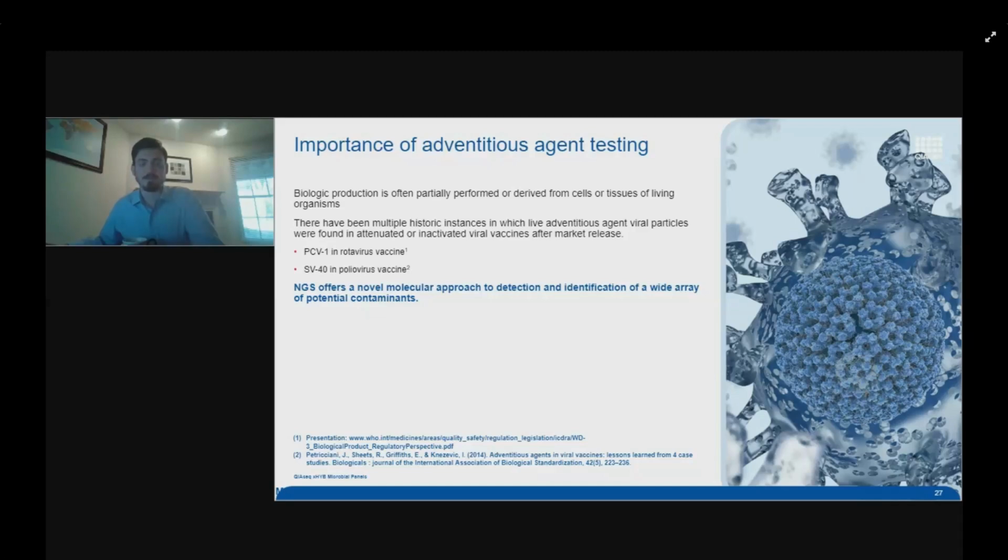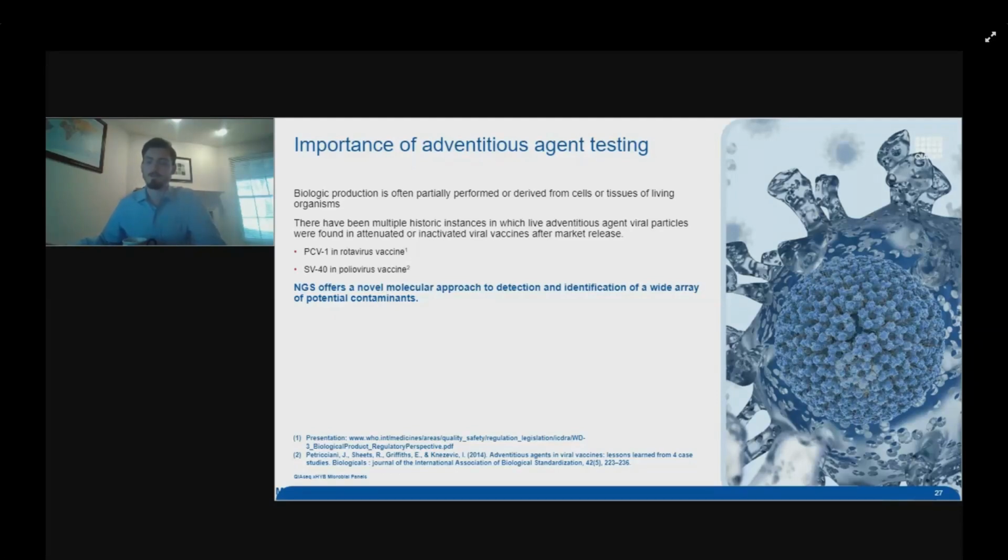So these pharmaceutical companies had unfortunately unknowingly been injecting these viruses into patients. And if that could cause a problem at the time was unknown. Now for these specific cases, it was determined that it wasn't causing adverse health effects on the patients.